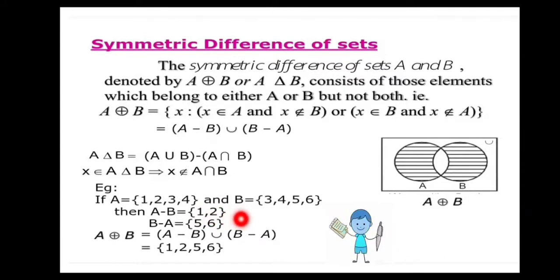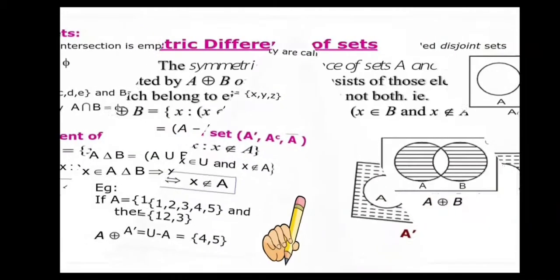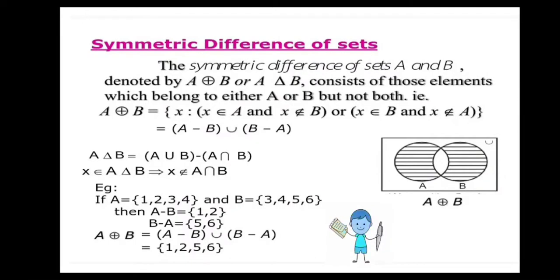We subtract the elements of A and remove the common elements between A and B. Then what is the symmetric difference of A and B? It is A minus B union B minus A. A minus B is {1, 2} and B minus A is {5, 6}. So the union of these two is {1, 2, 5, 6}.